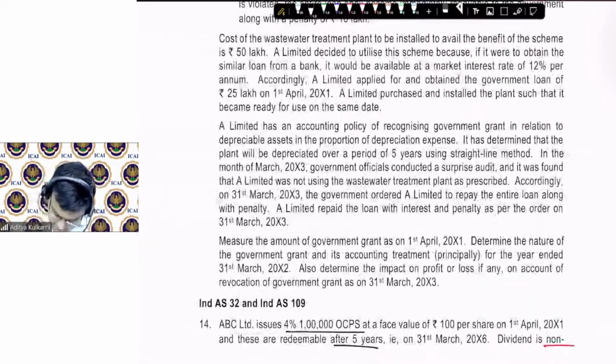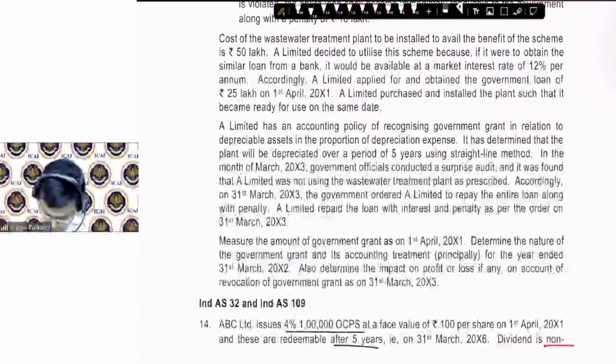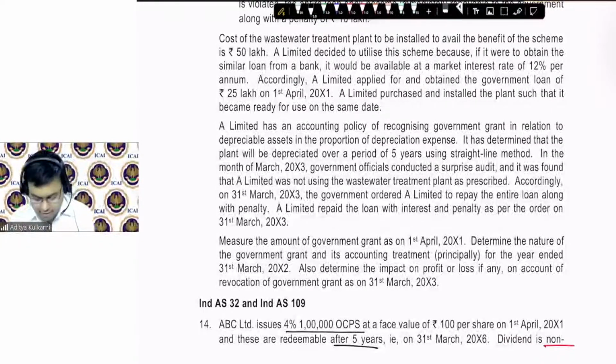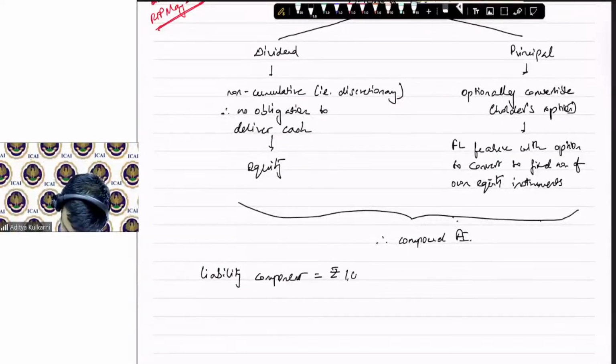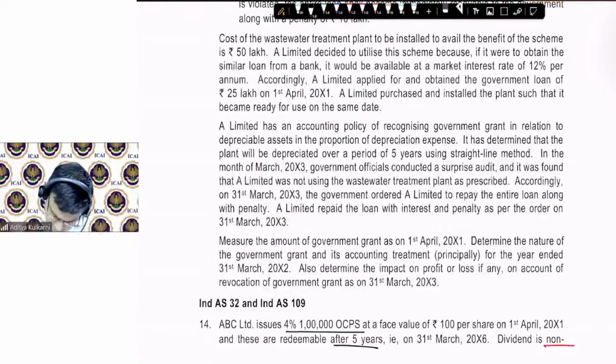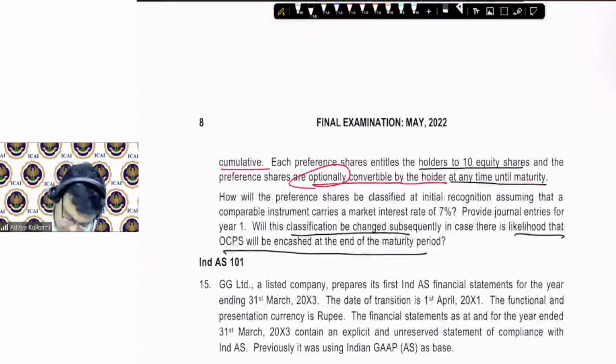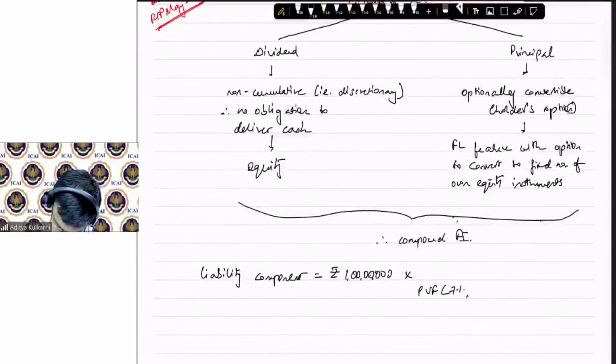So 4%, 1 lakh optionally convertible preference shares at a face value of rupees 100. So that is rupees 1 crore into present value factor. How much will we get after 5 years at the rate of 7%? 5th year.